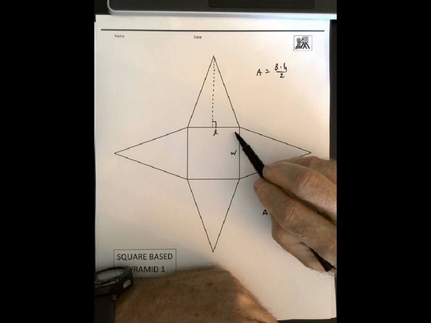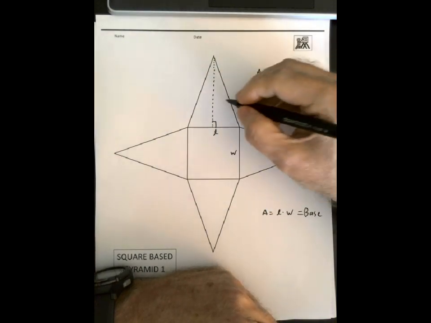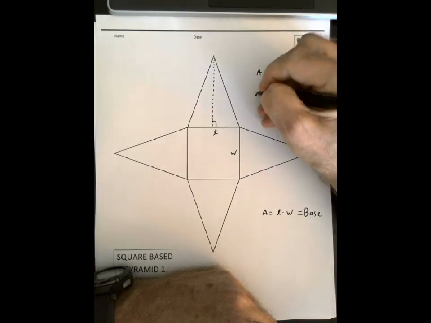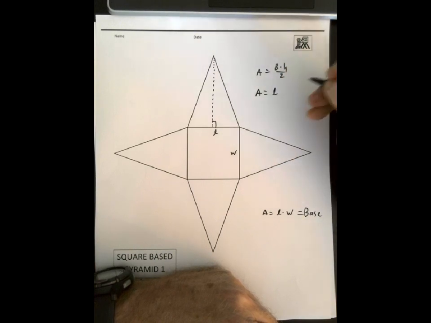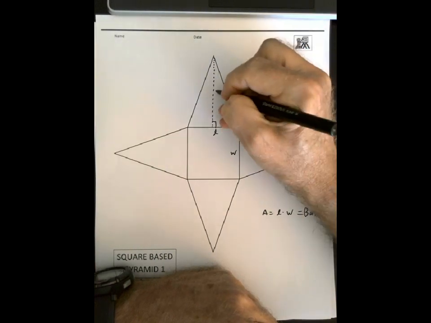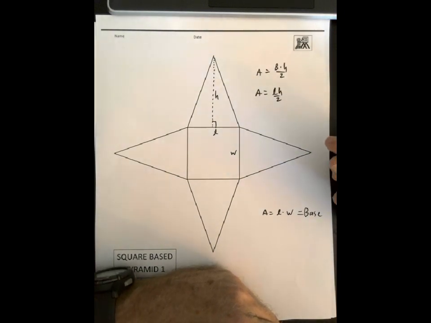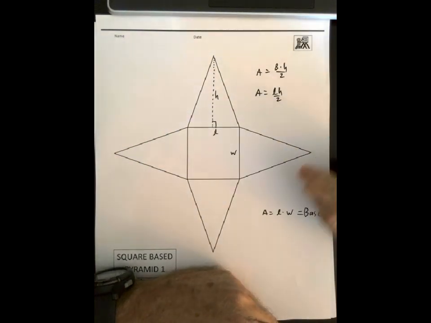So the area of this triangle is going to be equal to, I'm going to call it L there, times that height divided by 2. That make sense? And then since all 4 of them are the same, whatever that comes out to be, you'll multiply it by 4, and then you'll add it to the base here.